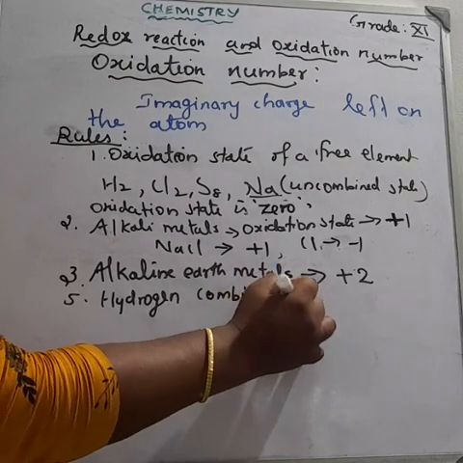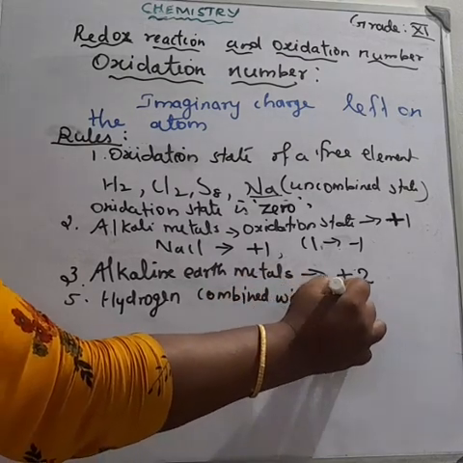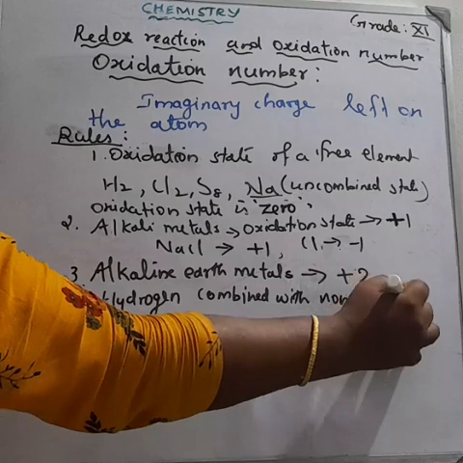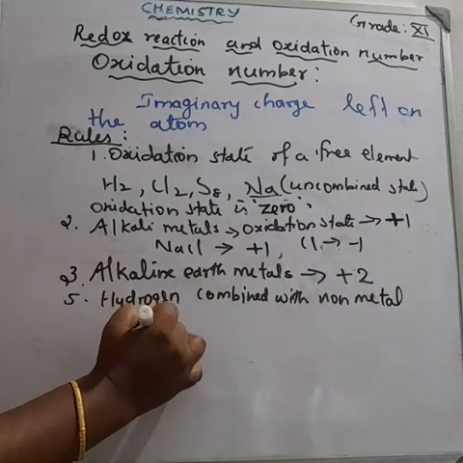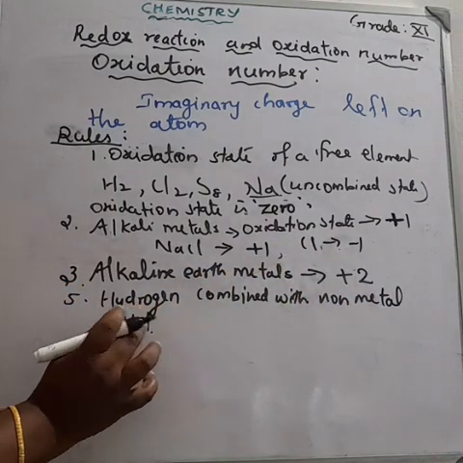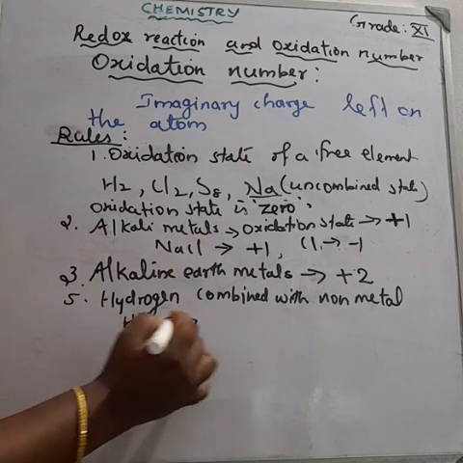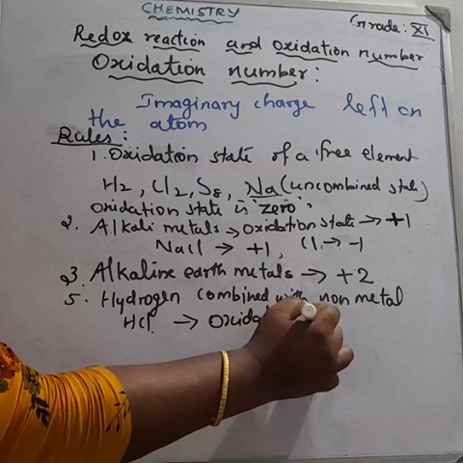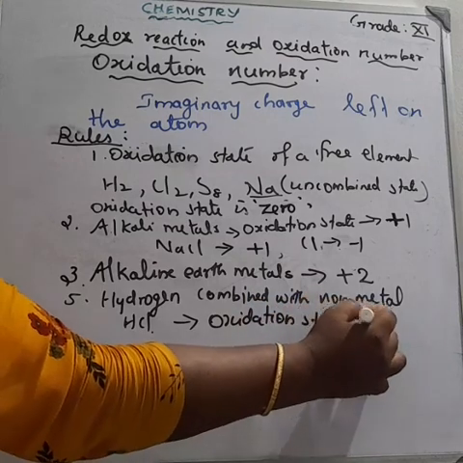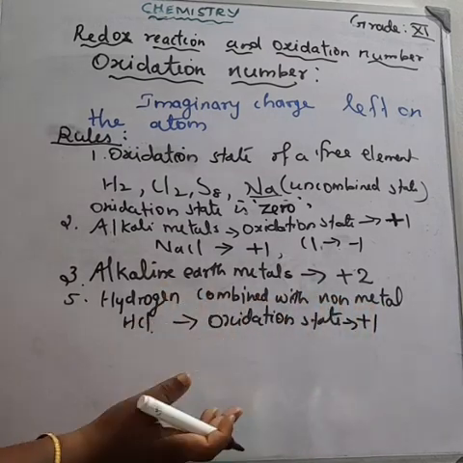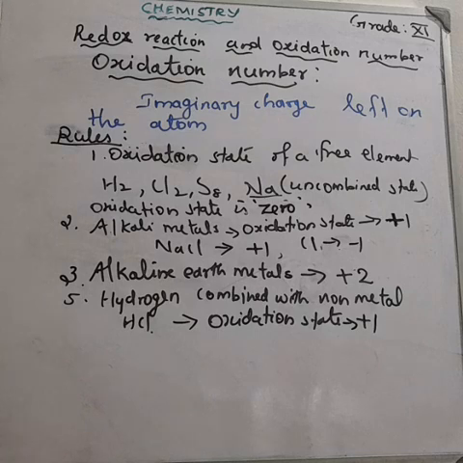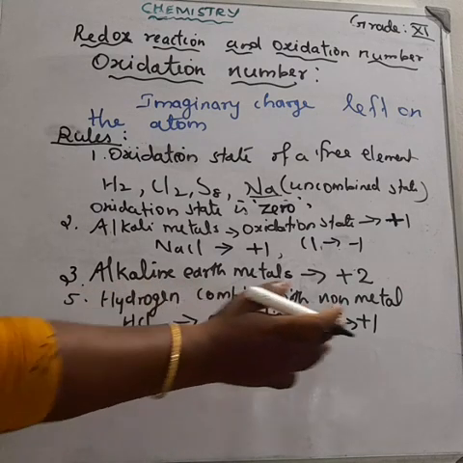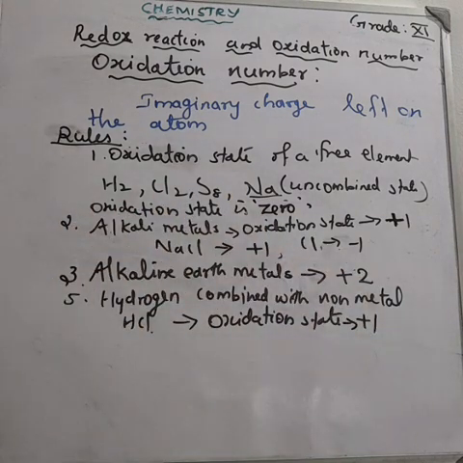For example, hydrochloric acid, HCl. HCl means hydrogen combines with chlorine. Here the oxidation state of hydrogen is +1, because hydrogen lost one electron to the chlorine. So what is the oxidation state of hydrogen when combined with a non-metal?